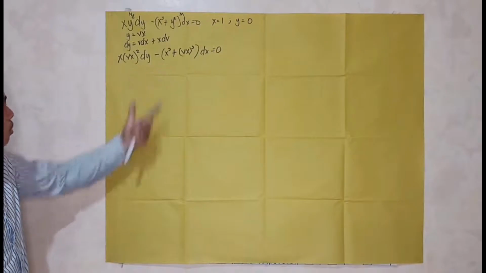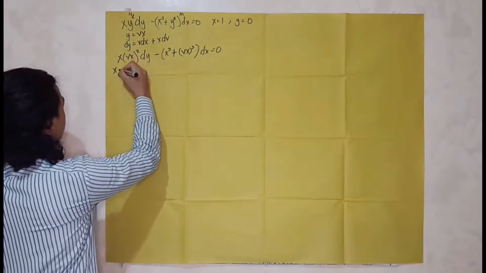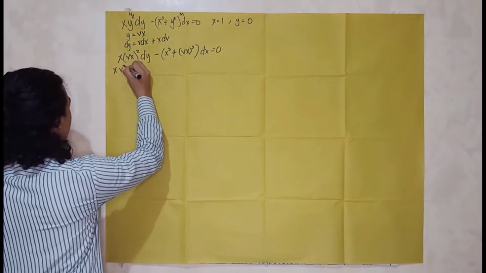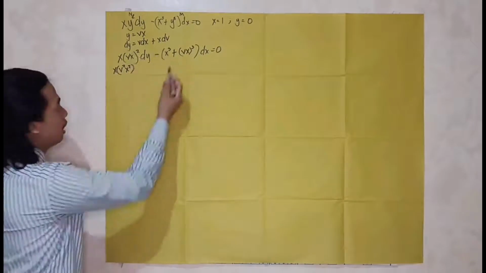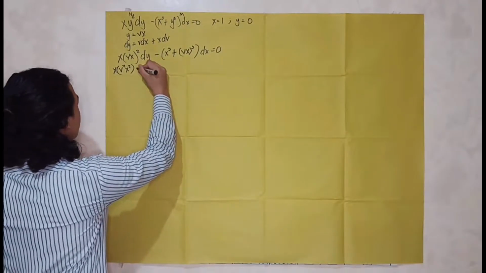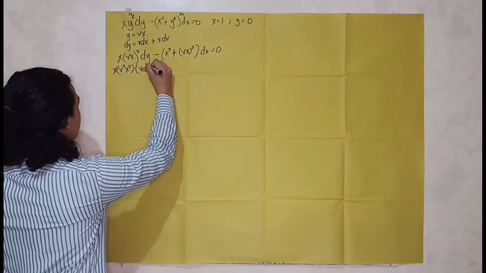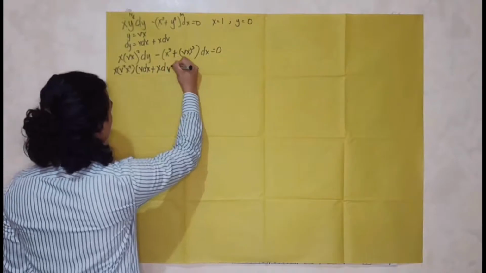So simplify ulit, distribute na natin v squared x squared. Then yung dy, palitan na natin ng v dx plus x dv, multiplied by v dx plus x dv.